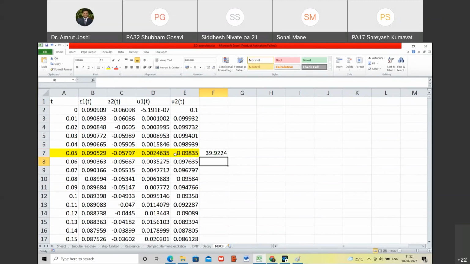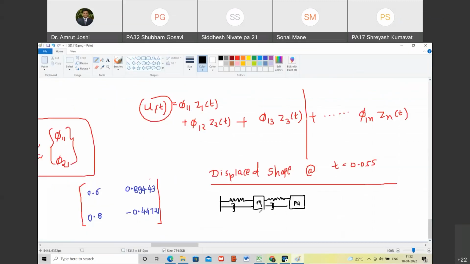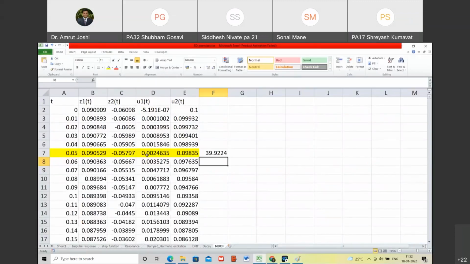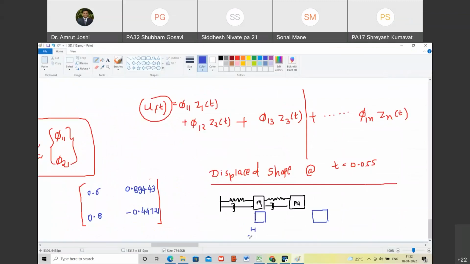Yes, sir. So I am going to draw it here. So this m1 moves towards displaced shape. I am going to show it in this fashion. It displaces by this much amount. So m2 of t would have displaced by this much amount. Are you with me? Yes, sir. So what is the displacement of m1 of t? It is very small. How much is that? That is 0.0024.